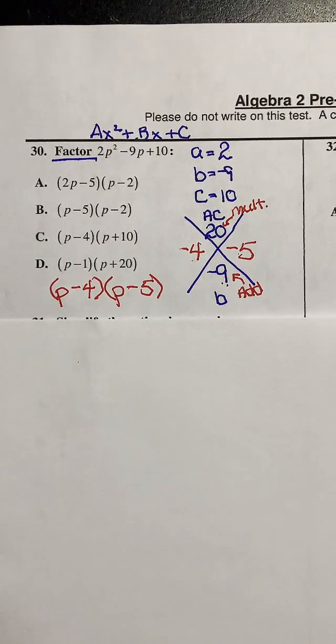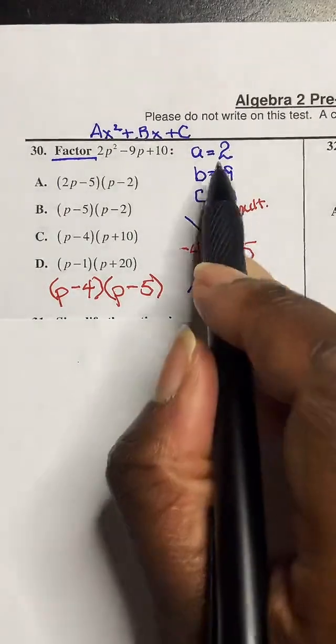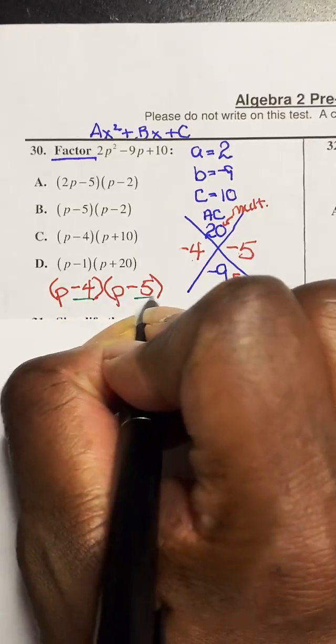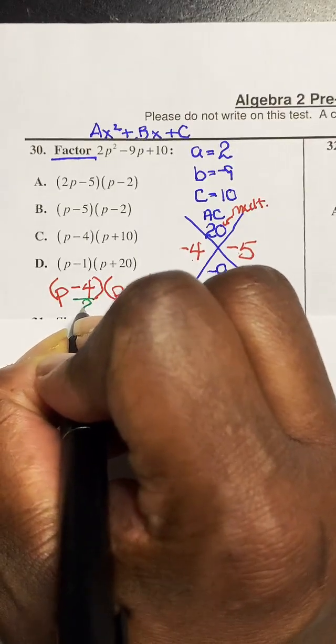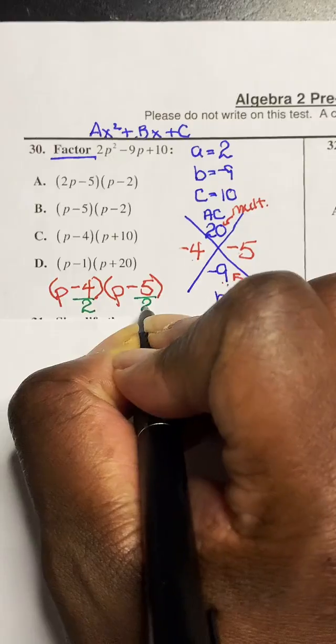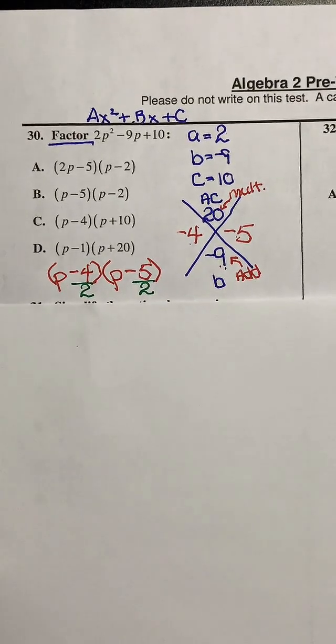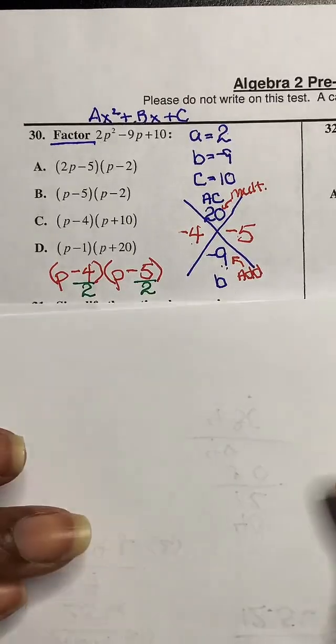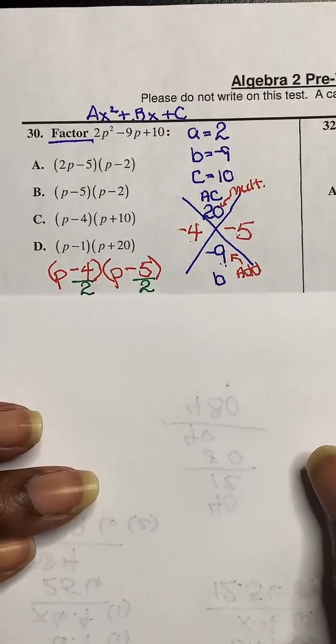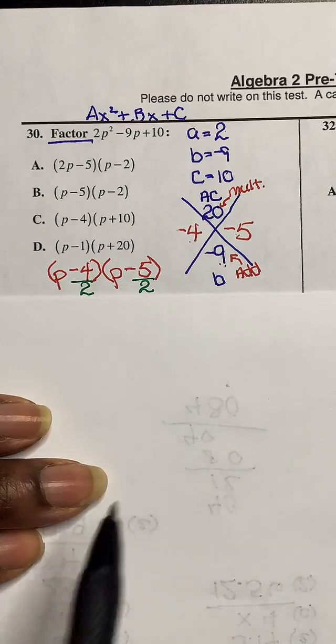We're going to use the a value, and we're going to divide both of these by our a. And you're like, ooh, this is a different way. This is just another little trick.